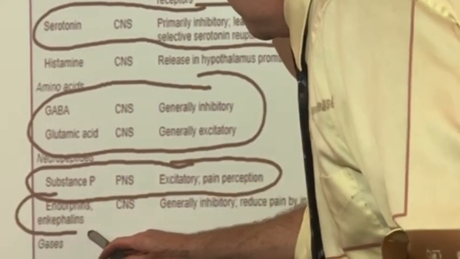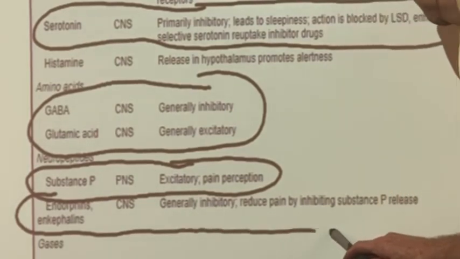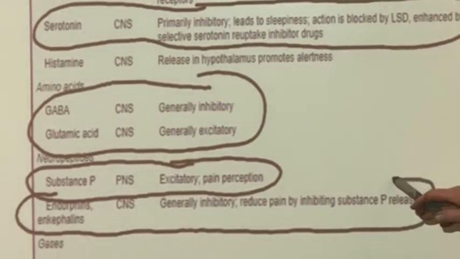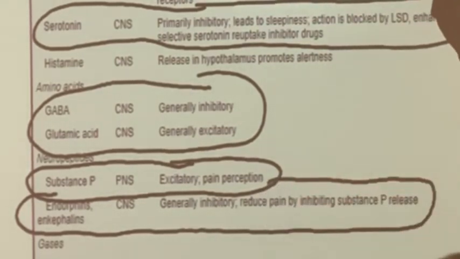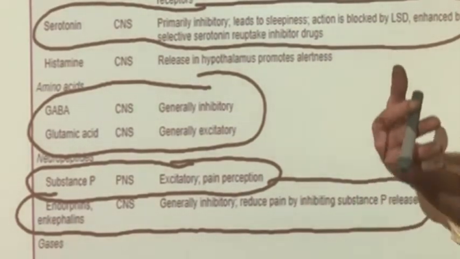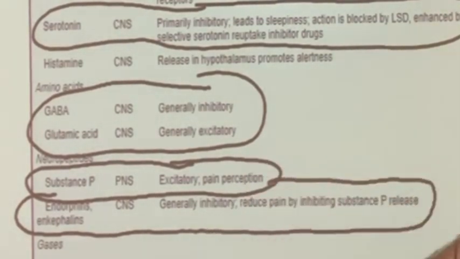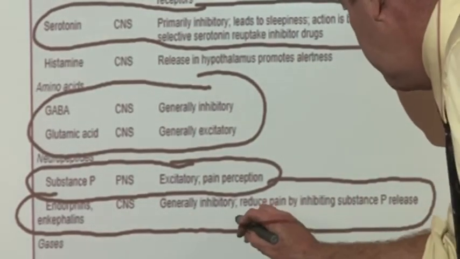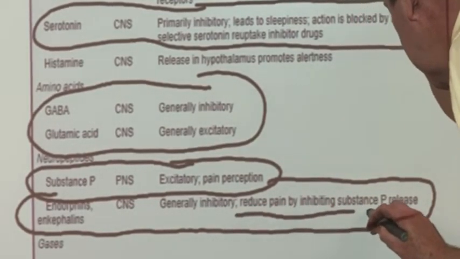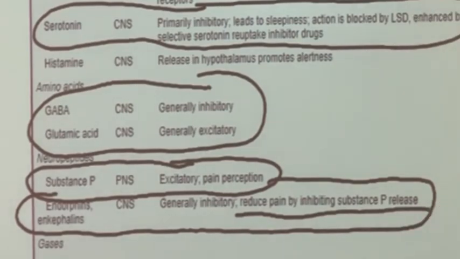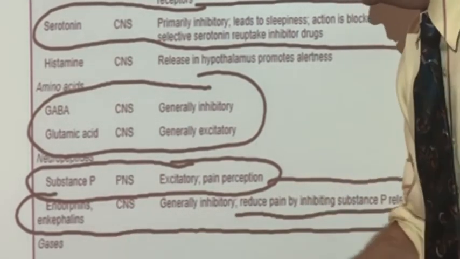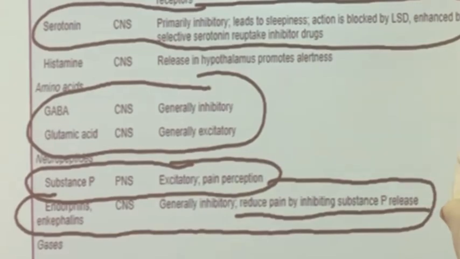I want you to get these. These are inhibitory in general. They can reduce pain by inhibiting substance P. So these endorphins and enkephalins reduce pain.